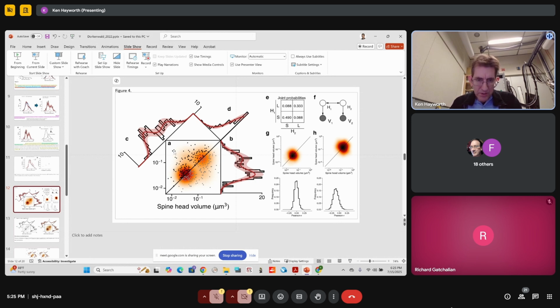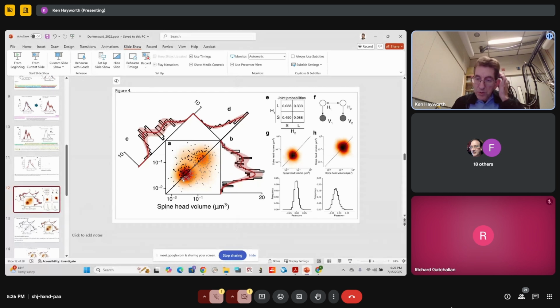For example, this point up here has one synapse with a volume of, let's say, 10 to the minus 2 cubic microns, and the other with a volume of 10 to the minus 1 cubic microns. That's why they put that dot there. They mirror all of these because we could have chosen each synapse as synapse 1 or synapse 2, and they're plotting all of those synapse pairs in this space.